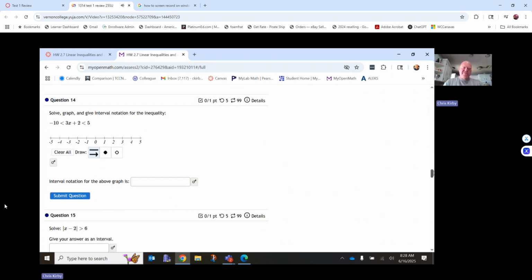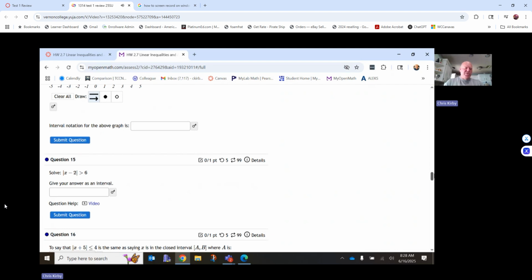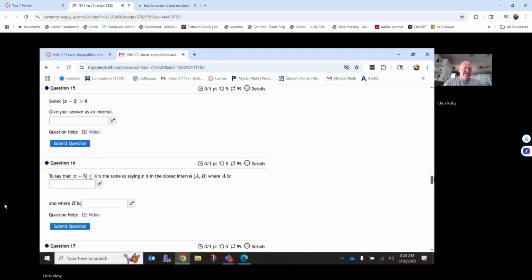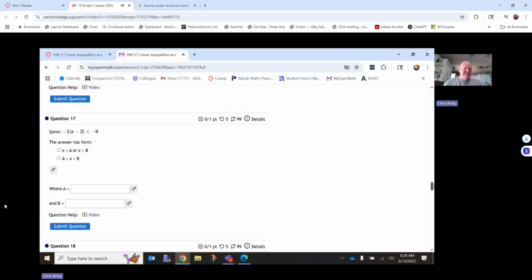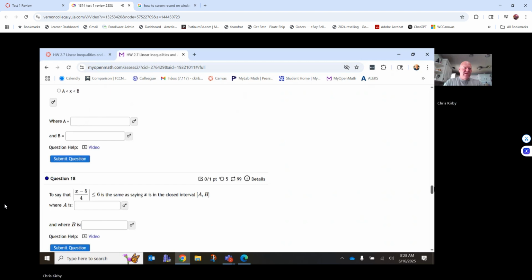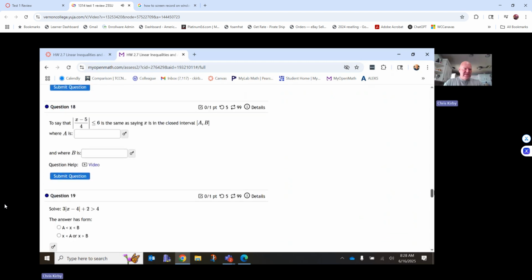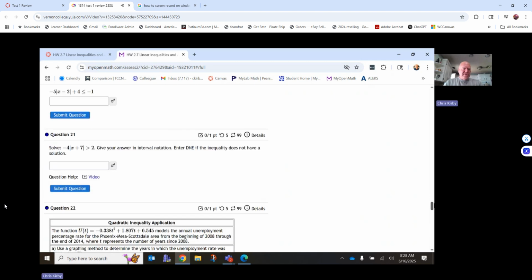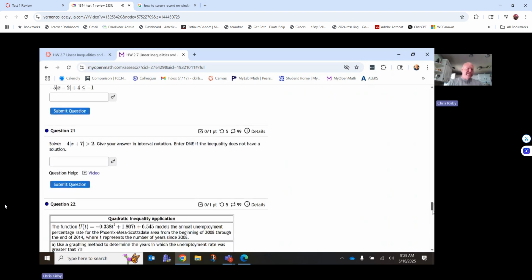And then everything from 15 through 21, I think all of these are absolute values. So 15, 16, 17, 18, 19, 20, and 21. Those are all absolute value. Those will not be on the test.